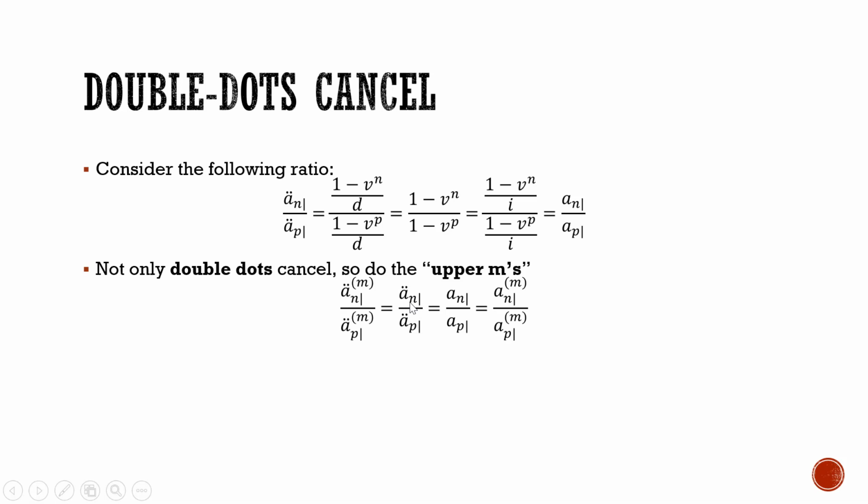So you have ä_n over ä_p, and don't forget the double dots cancel, so a_n over a_p. That is (1 − v^n)/i over (1 − v^p)/i, so the i's cancel. We divide both numerator and denominator by i^(m), the upper m top script, and so we have the last formulas. So not only do the double dots cancel, the upper m's also cancel.